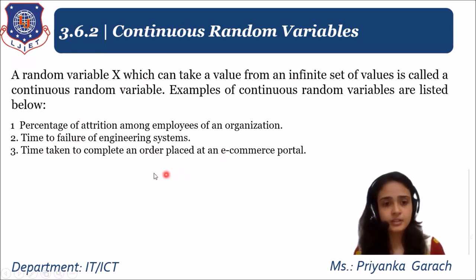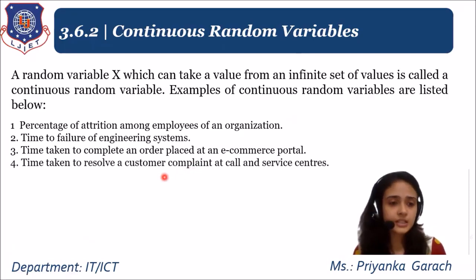Then what will happen? The time taken to complete that particular order will be infinite, because that order will not be shipped, so it will not be completed. So again, this is an example of a continuous random variable, because the time will be infinite if the order is not shipped.